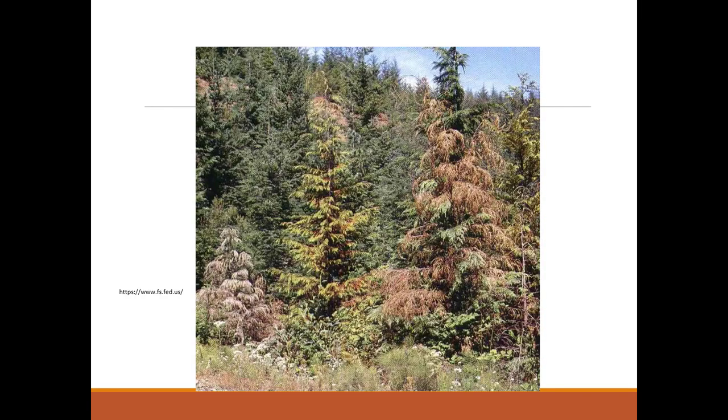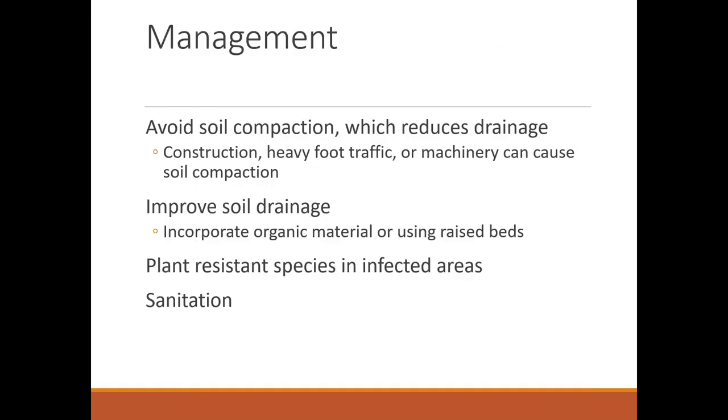Okay, here's a group of Port Orford cedar. So management includes avoiding soil compaction, which reduces drainage, reduce construction, heavy foot traffic, machinery. One thing they've done at the Arboretum is they have some Port Orford cedar that have been surrounded by other materials, so people that visit the Arboretum can't actually step on the root systems because they've definitely had some issues with this.